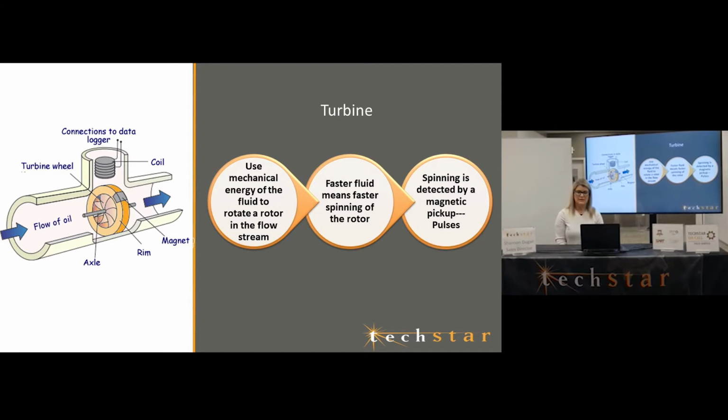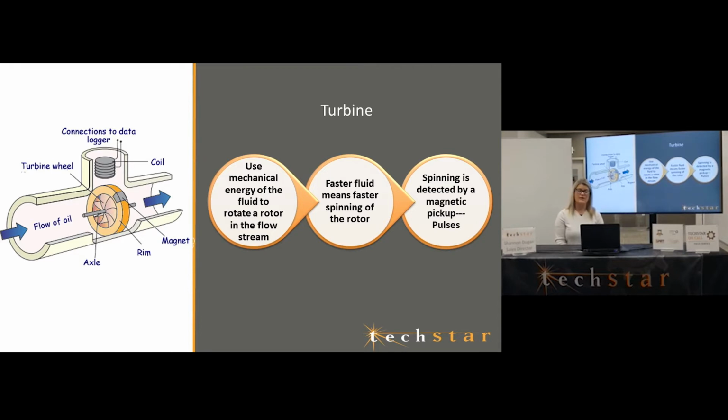Usually the pinwheel will have some sort of magnetic pickup on it, so that every time it rotates, it will have a count. As the fluid flow increases, the pinwheel will spin faster, there will be more revolutions per minute and more counts, and then it will transmit a higher velocity.